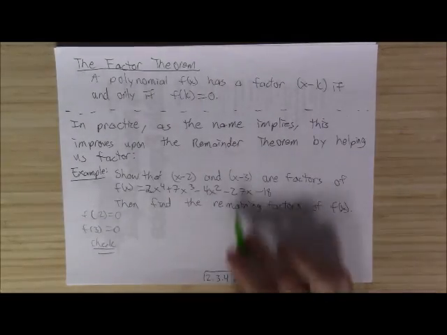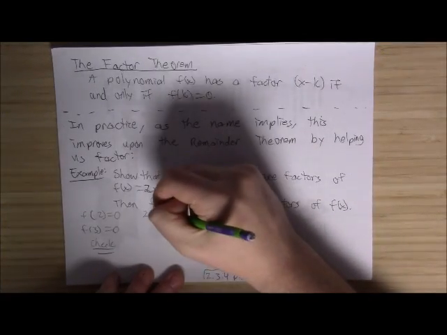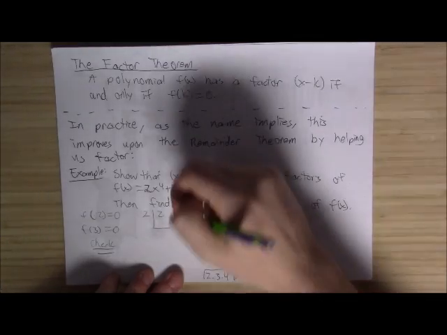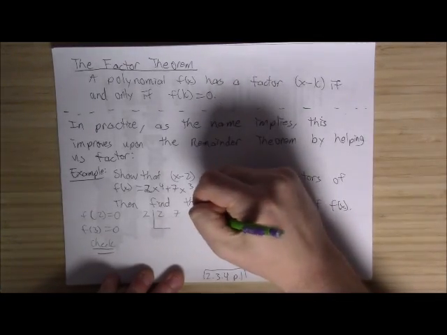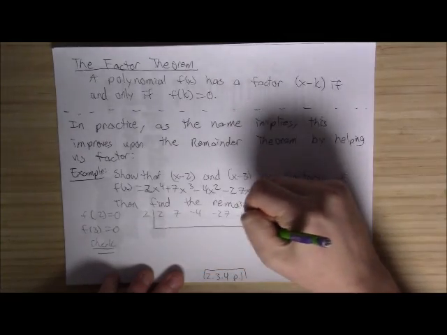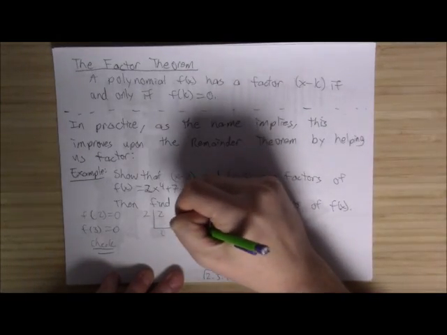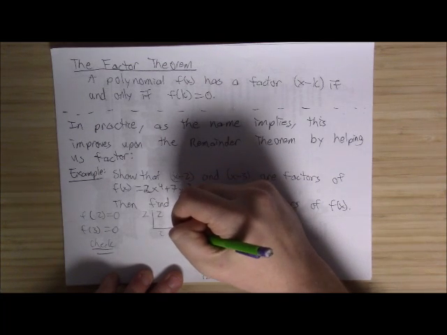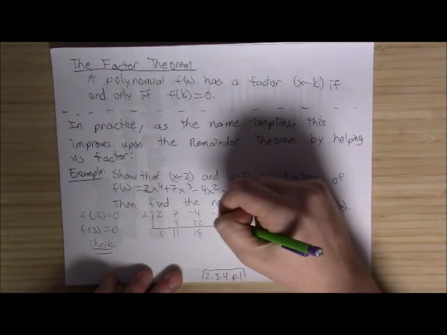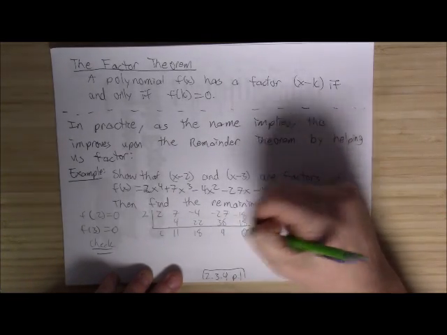But what that means is we should be able to divide out evenly. If we do 2 into there, synthetic division was pretty much designed for this. 2, 7, negative 4, negative 27, and negative 18. Doing the division out, the 2 comes down, 2 and 2 is 4, 4 and 7 is 11, 22, 18, 36, 9, 18, and look, a 0.